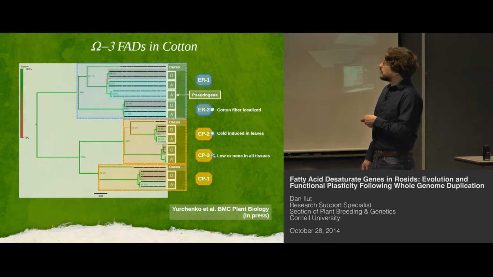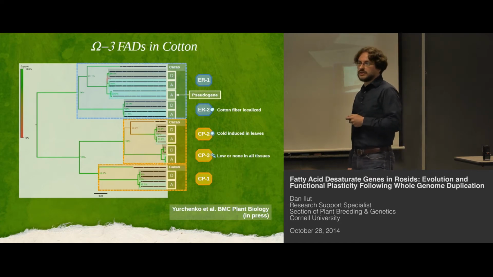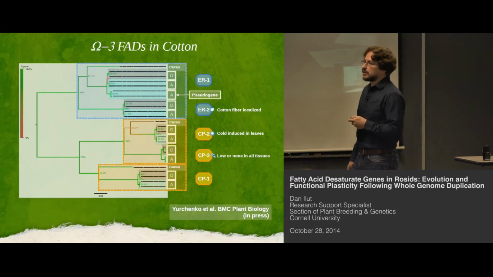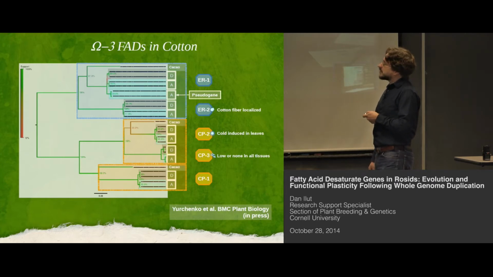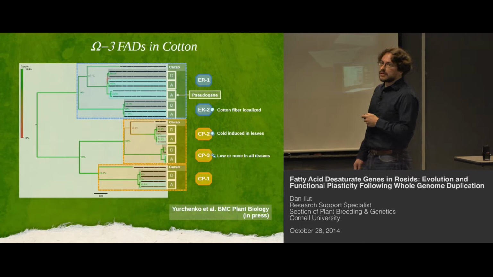We have one copy of the ER gene that's localized to cotton fiber in cultivated cotton. And it's by far the most highly expressed fatty acid desaturase gene in cotton fiber. So it looks like this is a novel gain of function in cotton, but there is more work to really characterize that in detail.